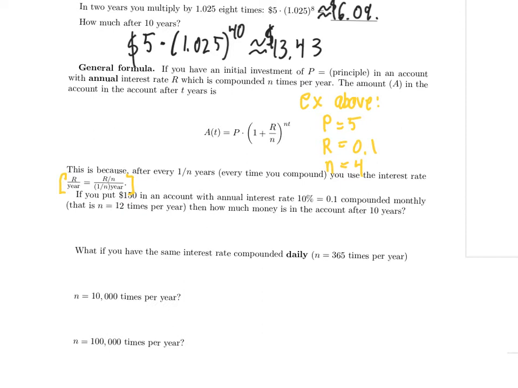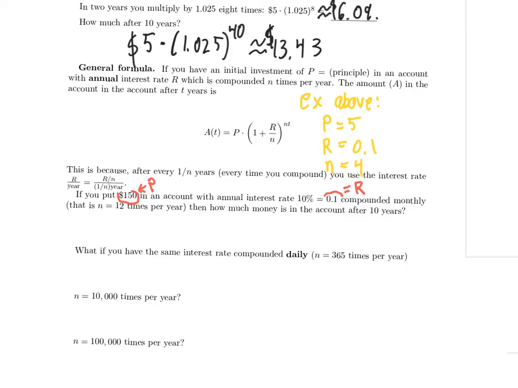So let's play this game. Let's suppose that you put an initial principal of $150 into an account which has an interest rate of 10%, which 10% is 1/10. Right, because what does percent mean?